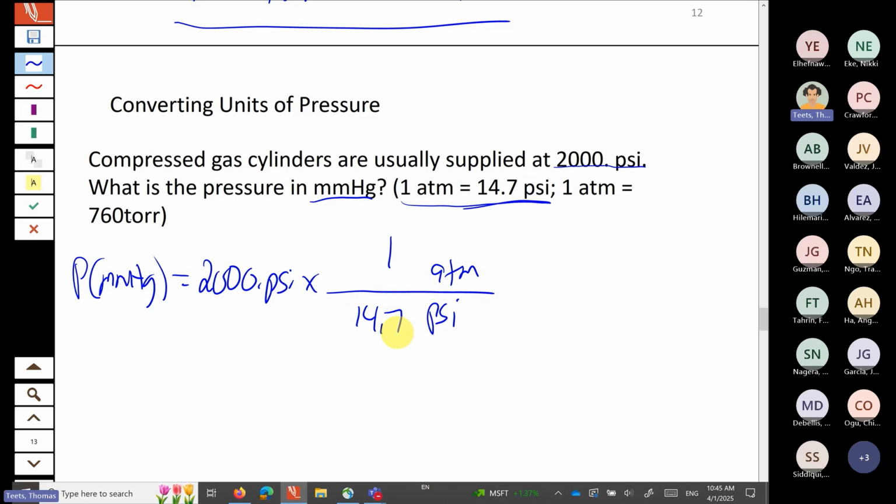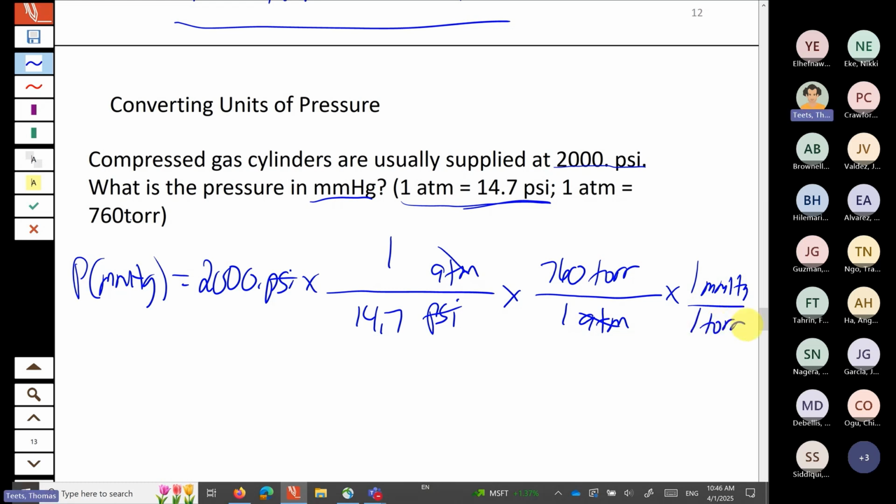So 1 atmosphere is 14.7 psi. And then we have 760 torr is 1 atmosphere. And then the trivial conversion that we could have just skipped is that 1 millimeter of mercury is 1 torr. Those two are the same.